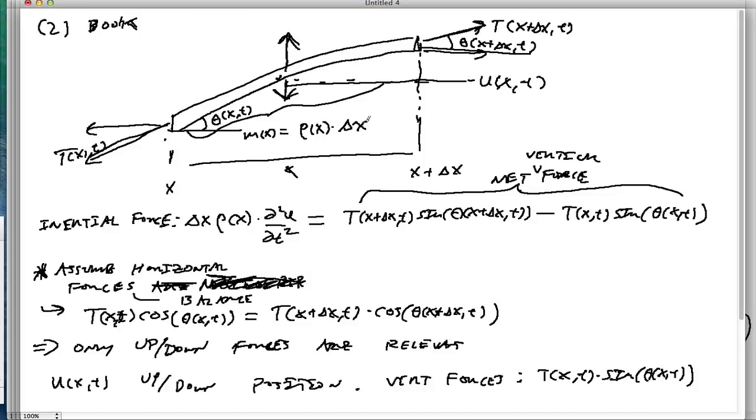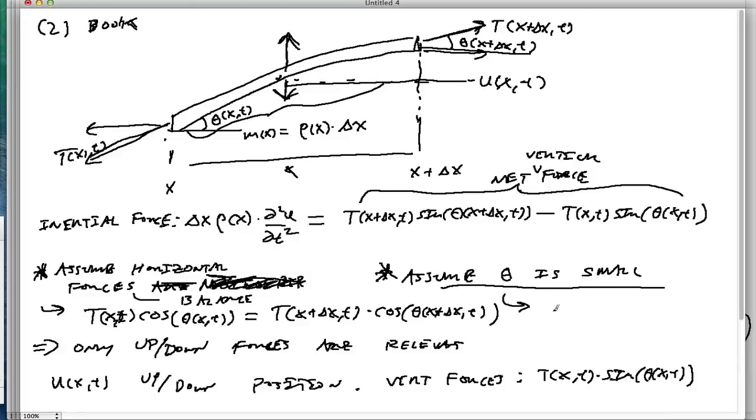So now we need another thing. We're going to assume that theta is always really small, that the vertical vibrations of this string under tension are very small.